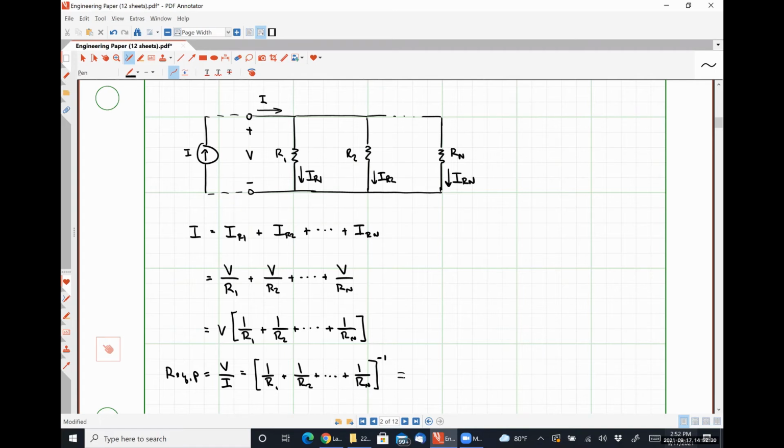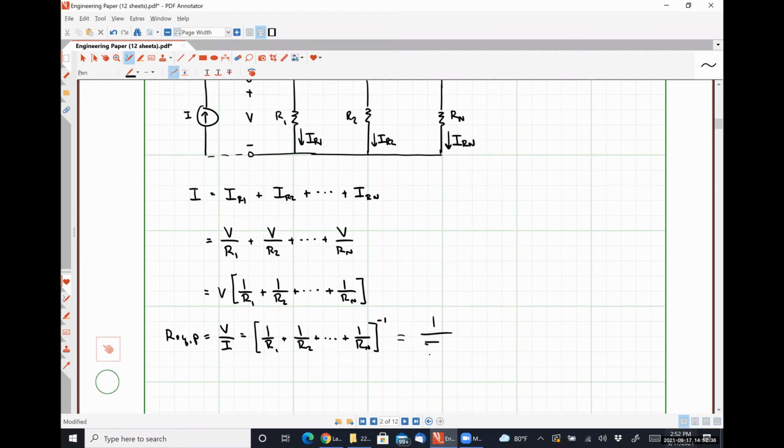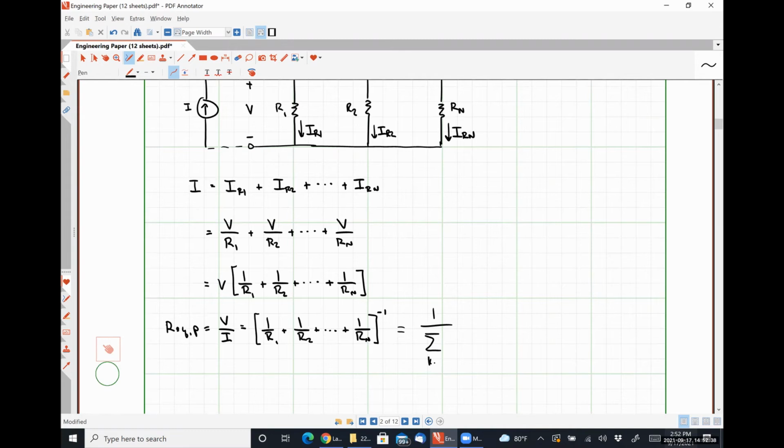Or 1 over the sum from k equals 1 to n of 1 over R sub k. So we've now defined how to combine resistors in parallel, which again perfectly agrees with what you learned back in your freshman classes.